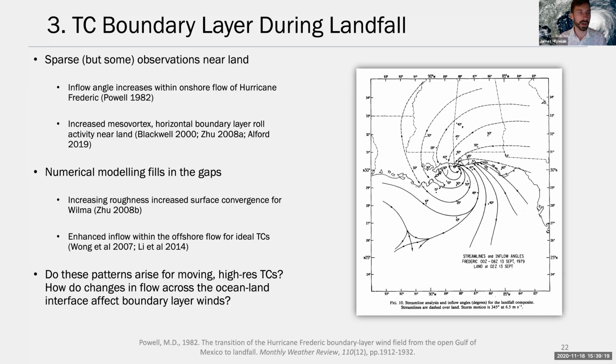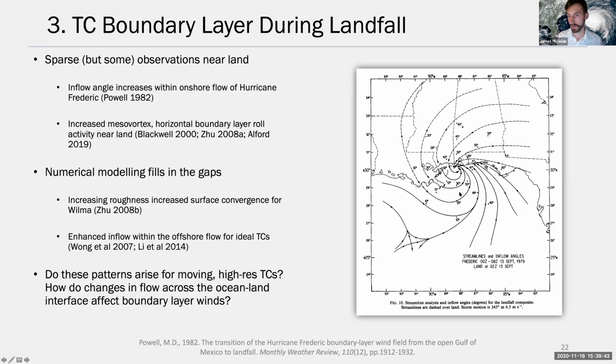I want to highlight a little bit about what's been found about the landfalling hurricane boundary layer. Powell in 1982 found that Hurricane Frederick, these are streamlines showing the inflow angle, had inflow angles that increased to the right before landfall and within the offshore flow too.